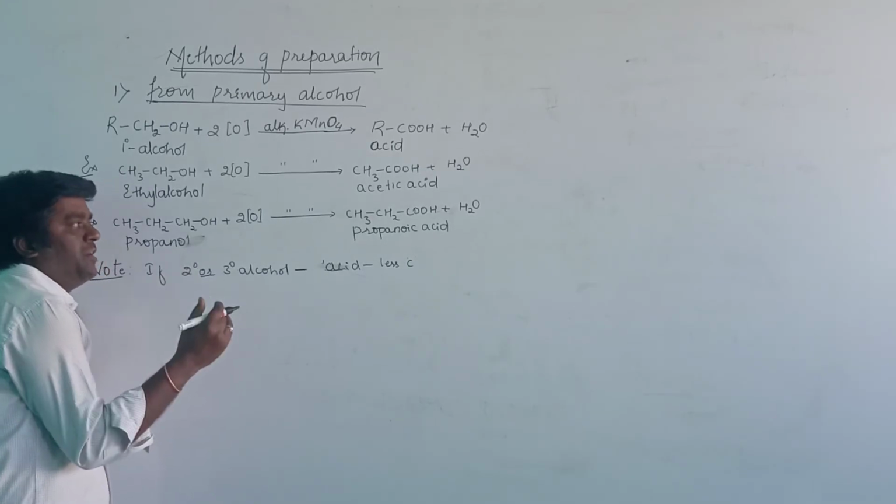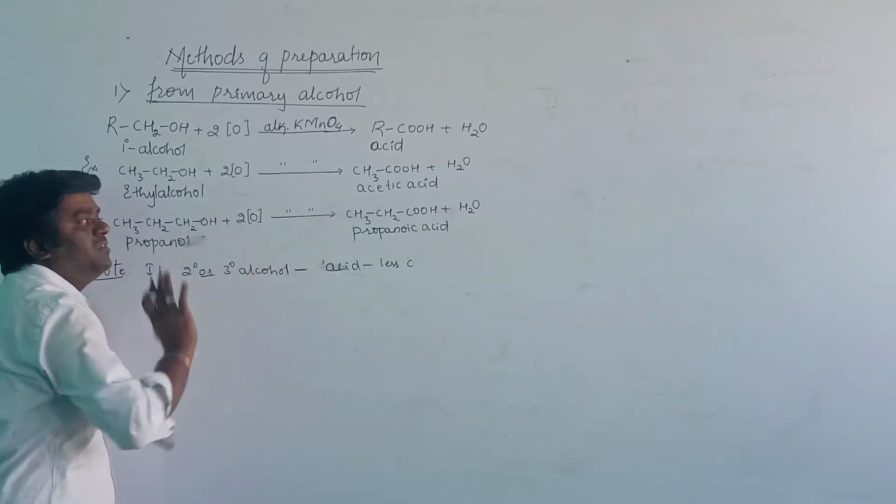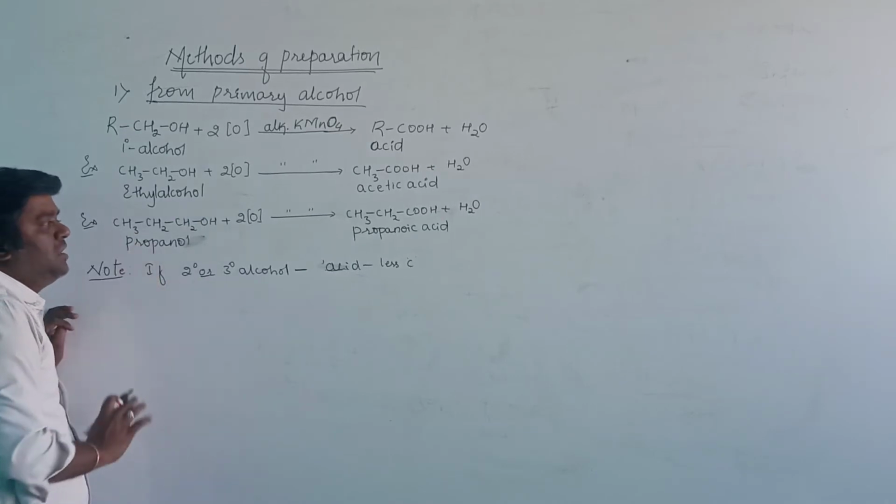One carbon atom less, the carboxylic acid will be formed when compared to the initial alcohol here.